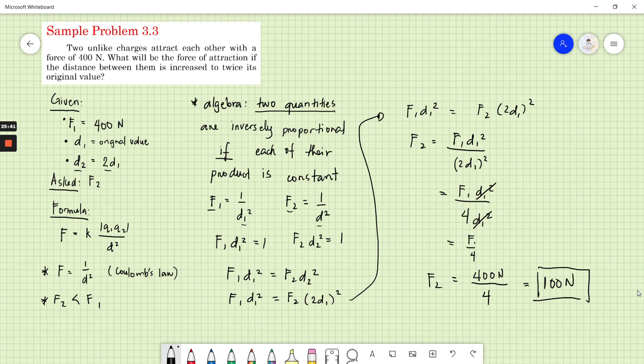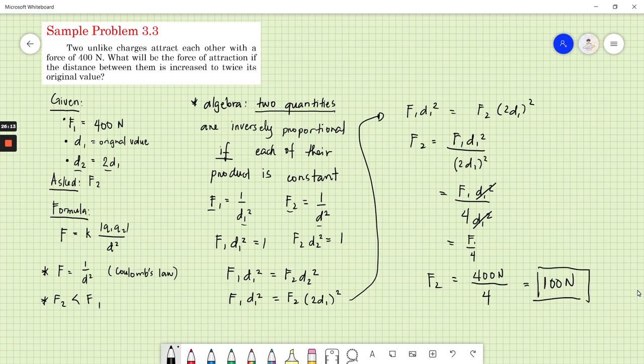Sorry, my mistake earlier. This should be lower than our F1 because the distance for F2 is increased. Since it's inversely proportional, increasing the distance means our force should decrease. Increase in d2 means decrease in F2. So the value of F2 is 100 newtons.